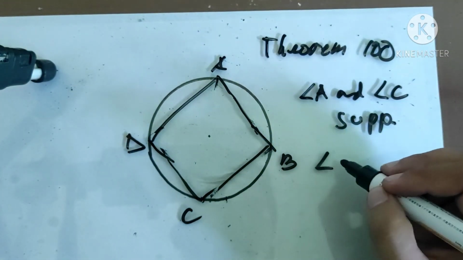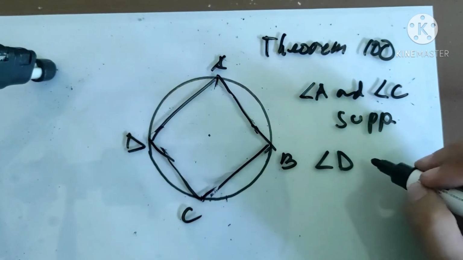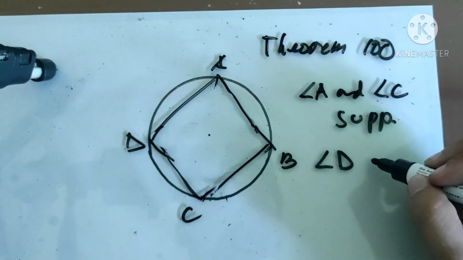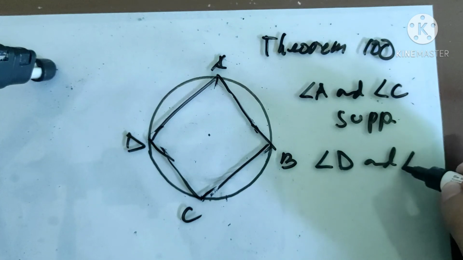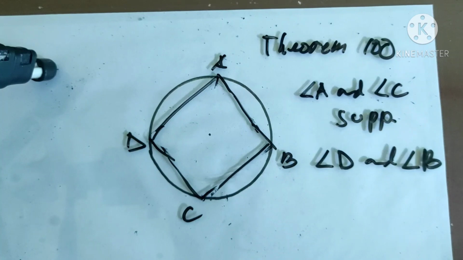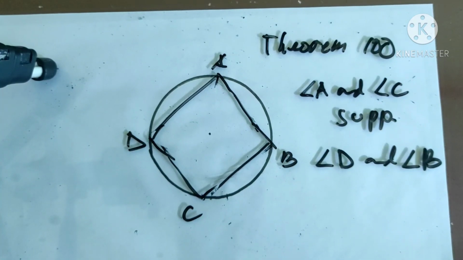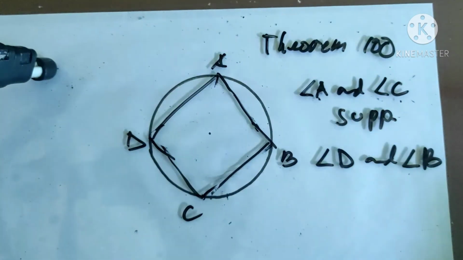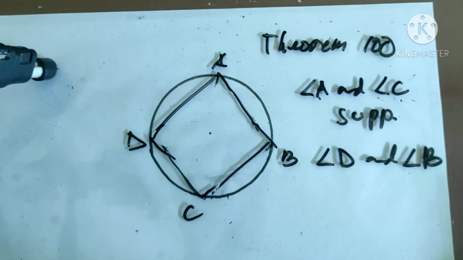And then, si angle D at saka si angle B are also supplementary. Meaning, pag sinabi natin supplementary, meaning, ang total ng kanilang value is 180 degrees. Okay? Kapag in-add nyo sila, that is equal to 180 degrees.